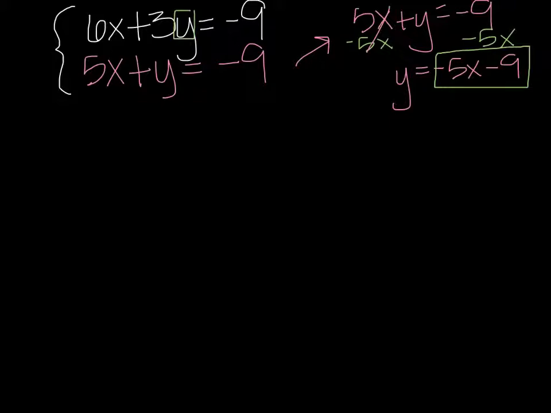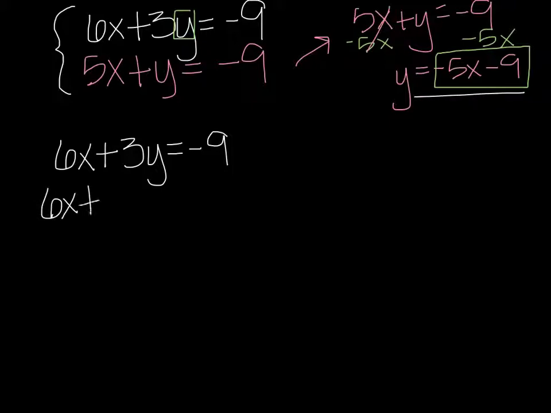So let's take a look at this white equation over here. We have 6x plus 3y equals negative 9. I'm going to replace y with what y is worth. So 6x plus 3y, and then we'll plug in what y is worth, which is a negative 5x minus 9.